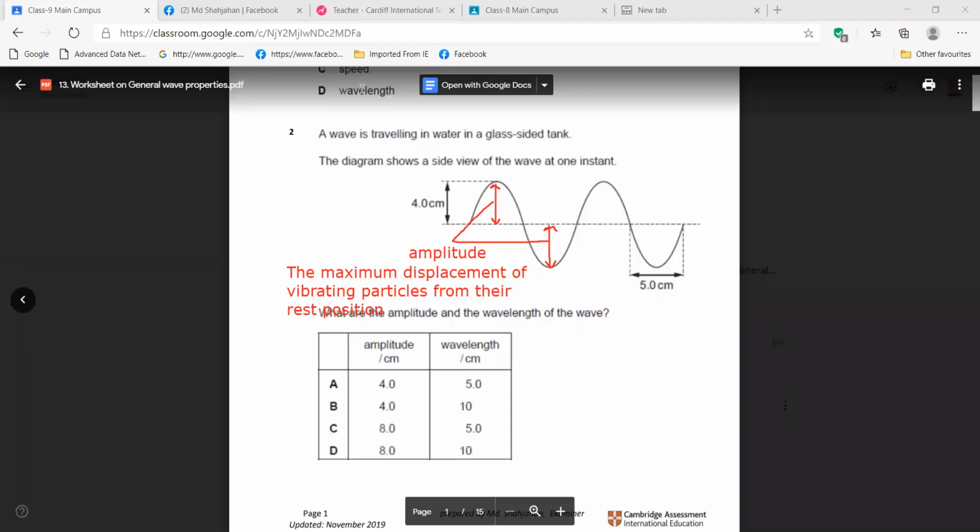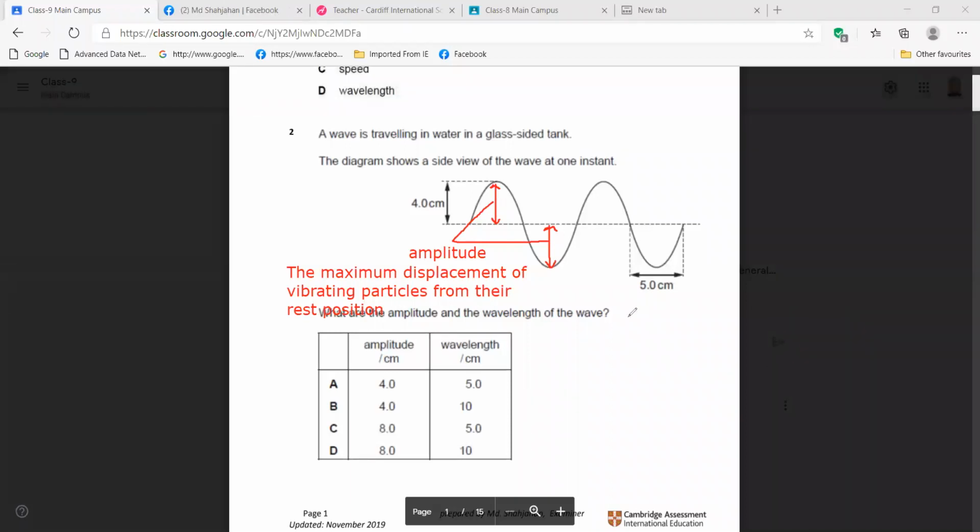If we are thinking the wave is starting from here, I'm labeling it. Look, here we are starting the wave and we are ending the wave here completely. So here we are getting one complete cycle. From the start of the wave to the end of the wave, we have the wavelength, which is expressed by lambda.